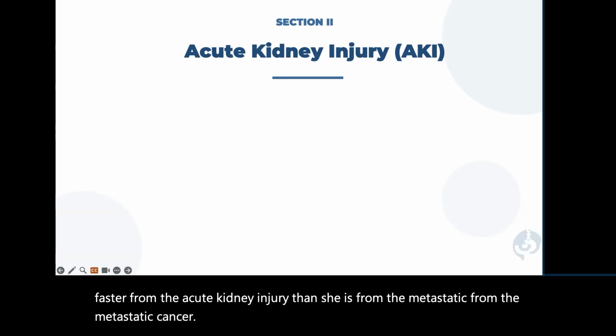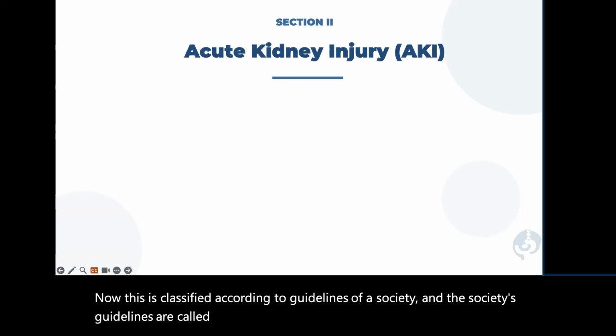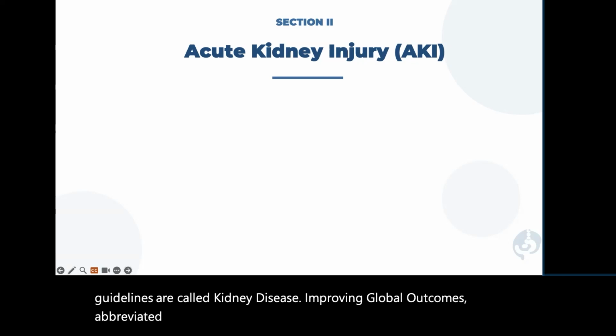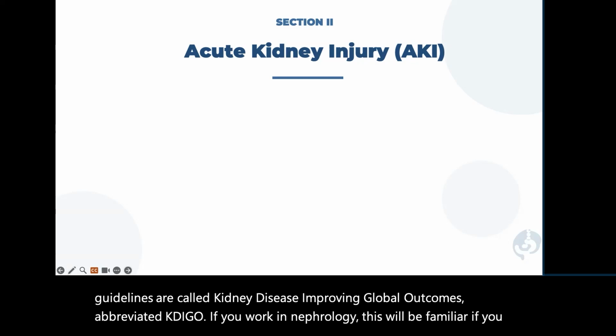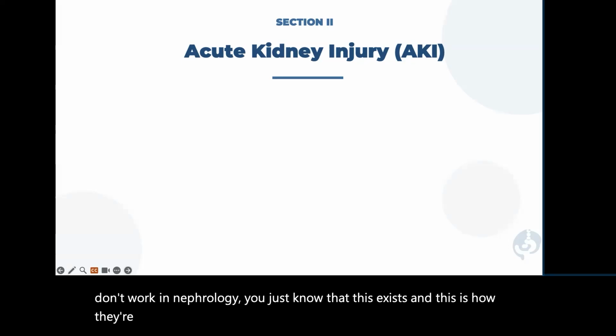Now, this is classified according to the guidelines of a society called Kidney Disease Improving Global Outcomes, abbreviated KDIGO. If you work in nephrology, this will be familiar. If you don't, you just need to know that this exists, and this is how they arrive at their consensus statements.